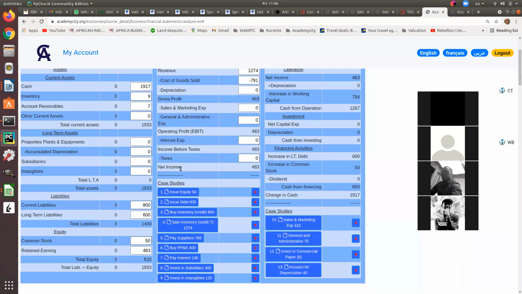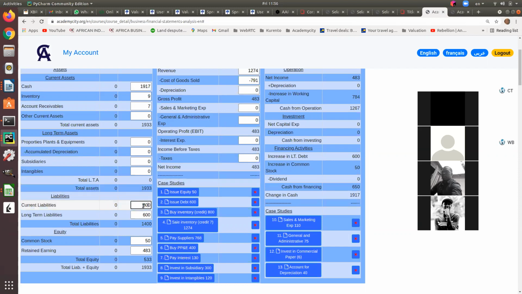What's really going to happen is, since I'm paying the supplier 768, my cash has to go down by that amount. And my liability, or how much I owe the supplier, will go down. Everybody got it? So I will have less cash because I'm taking some money from the bank and giving it to the supplier. So I will have less cash and I will owe less money to the supplier.